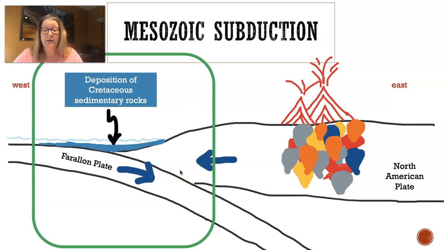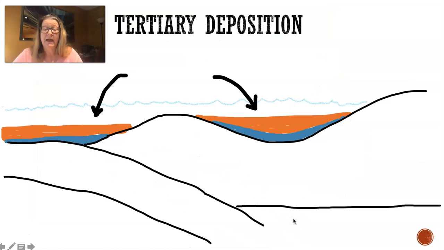I'm going to zoom in on this area, and we're going to leave this region to the east out of the picture so we can focus on a little more detail over at the plate boundary. As time went on and we moved into the Cenozoic, this plate boundary started to have more things happen to it. I'm going to go into the detail when I get to the third California map description of metamorphic rocks.